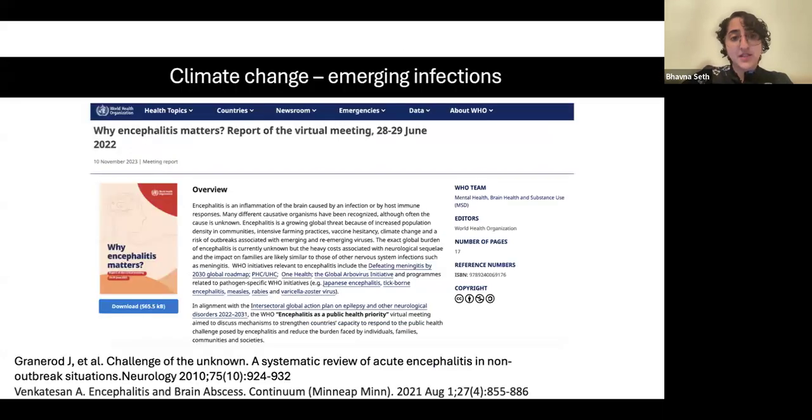And this becomes especially relevant in our current changing world globally, where we're seeing many pandemics, but also new zoonoses, new diagnoses, and emerging infections through various parts of the world. Here in the US, we're seeing changing patterns of the West Nile virus. In India, there are outbreaks of Nipah virus and Japanese encephalitis viruses.